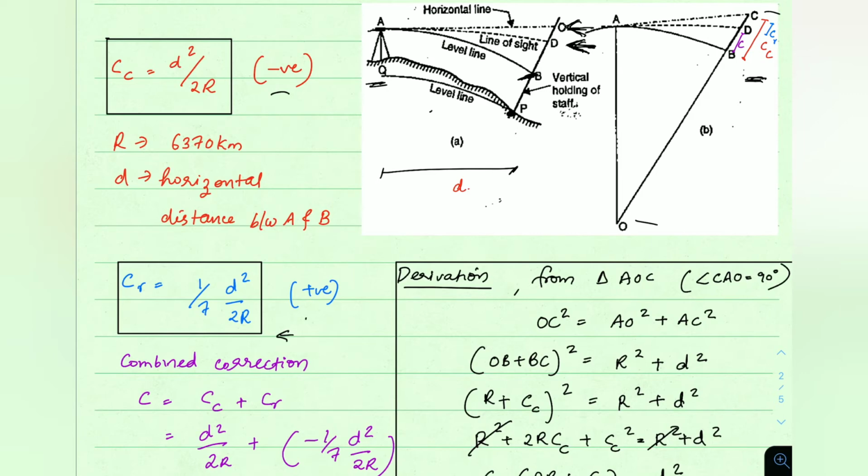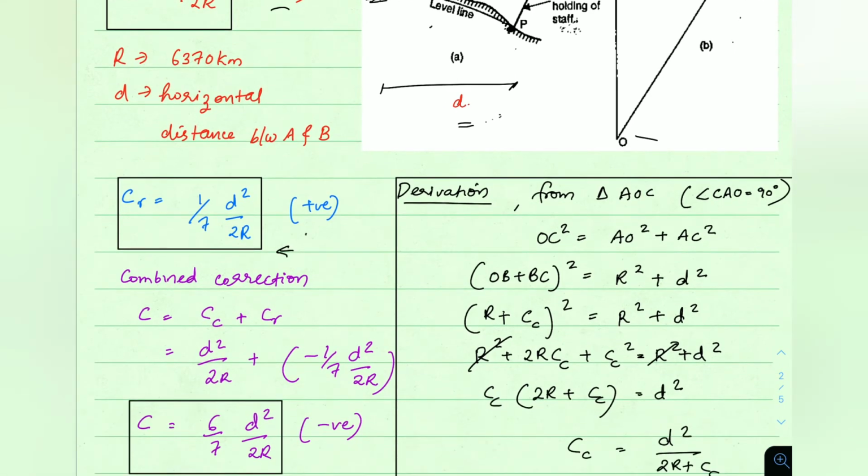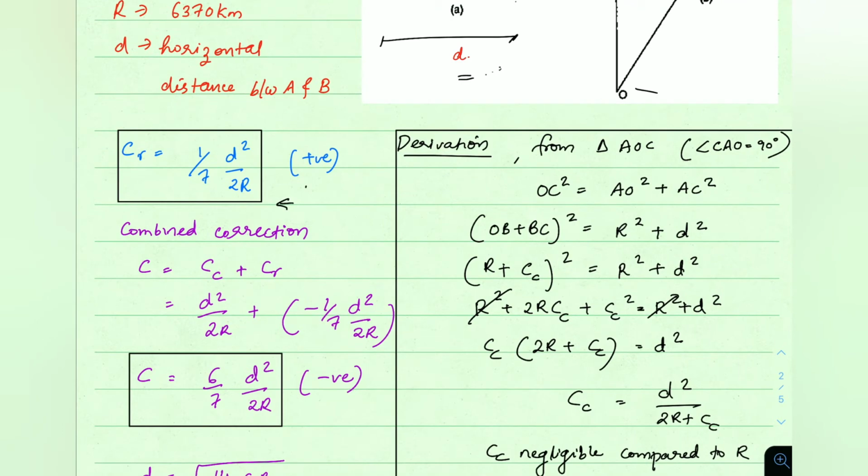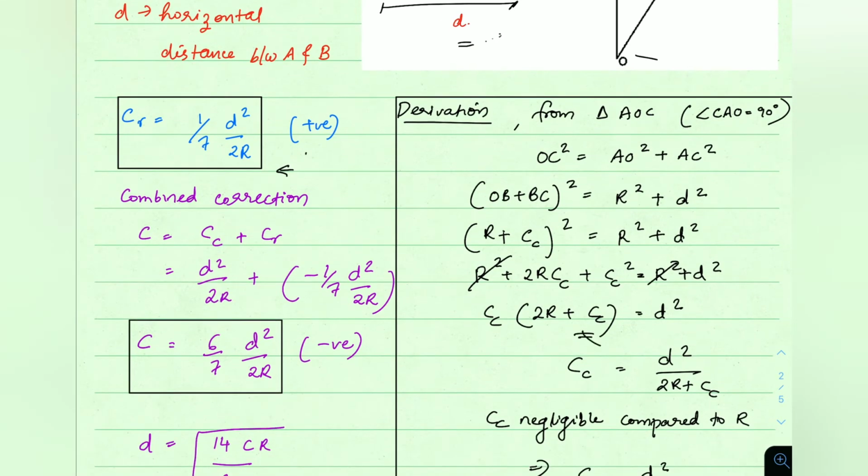Then AO is radius of Earth and AC is the horizontal distance between A and C or A and B. That is the small d. So we put d here. Rearranging that, we have 2R CC plus CC square is equal to d square. So we are putting CC outwards and you get this equation. And putting this 2R by CC here, you get the answer like this.